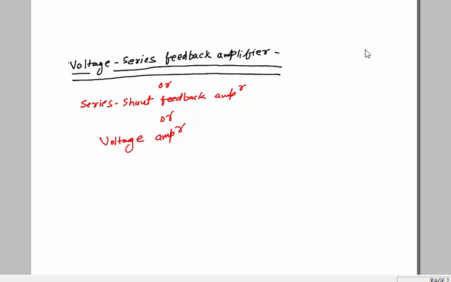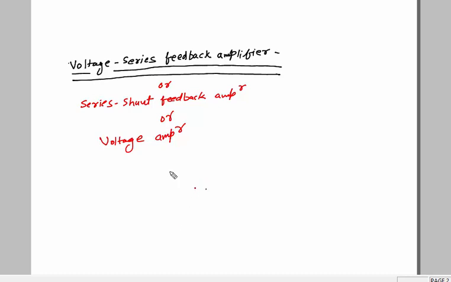So basically we are going to use a non-inverting amplifier with feedback, or we can say a closed loop non-inverting amplifier, because if you provide the feedback it becomes a closed loop. So let us see how it is implemented.